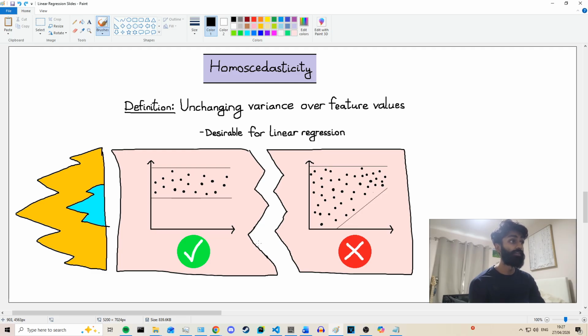If you have a data set like this where variance changes as you change the feature values, then a slightly altered version of sum of the squared errors where you weight it accordingly to this change in variance leads to a lower overall variance and makes it a slightly better cost function. Though this is quite a nitpicky detail, it's worth noting that if your variance does change as you change your feature values, potentially sum of the squared errors might not be the optimal cost function, though it's still functional.